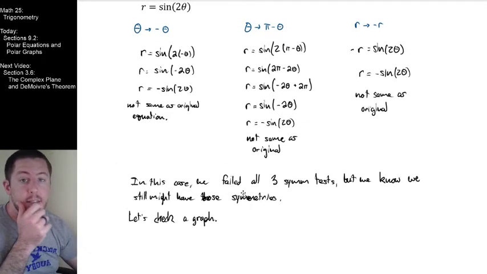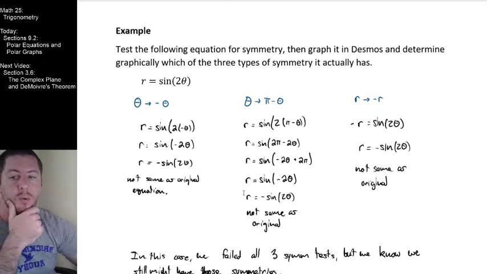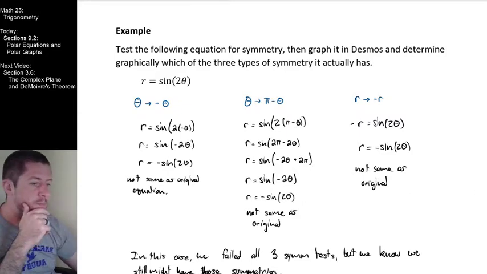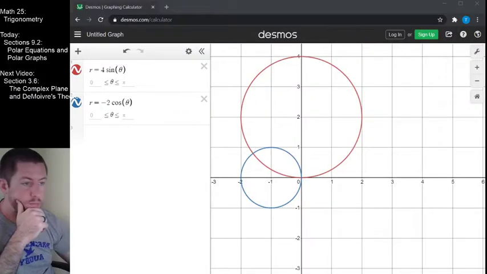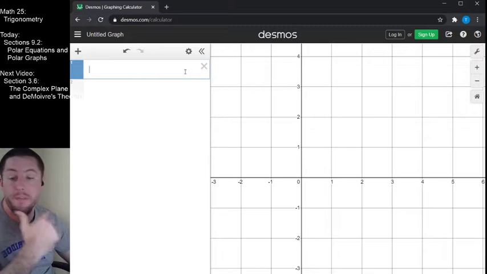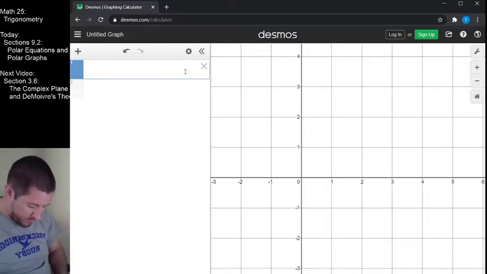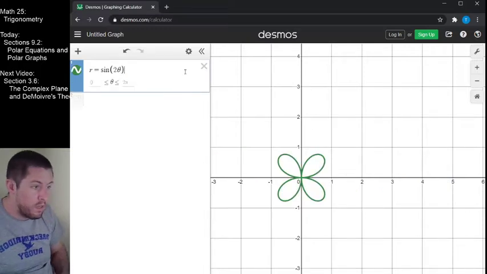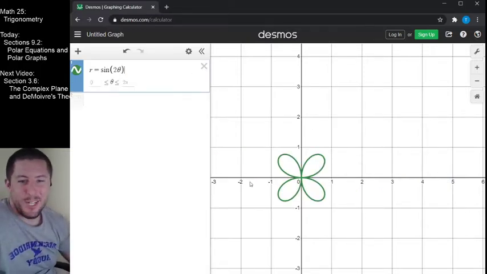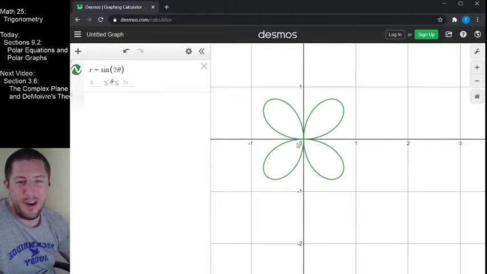So pop over to Desmos and check this guy out. r equals sine of 2 theta. We failed all three of our symmetry tests. Let's see, does this thing have symmetry? Well, it looks like this is a super symmetric graph, right?